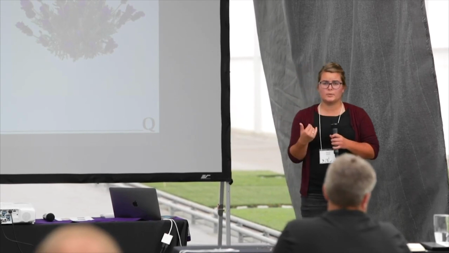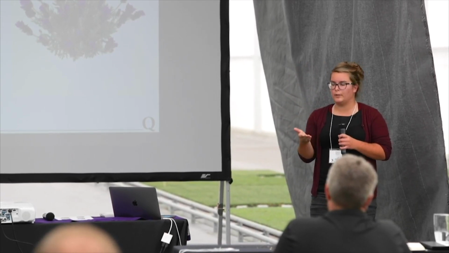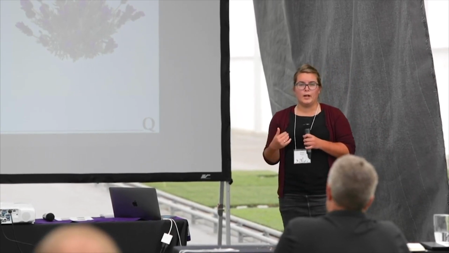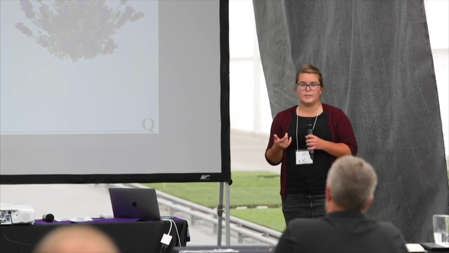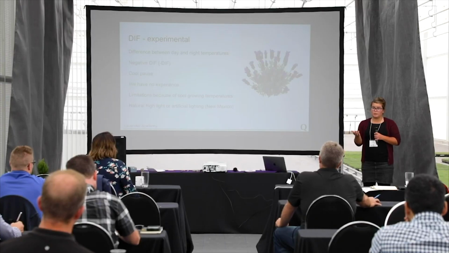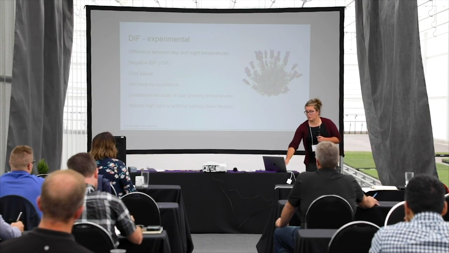We don't have any experience with this. We're not sure how we can implement it because we're already growing our lavender very cool. But perhaps in areas such as New Mexico with very high natural light levels, or if you have facilities with artificial lighting, you could really make use of this. And if any of you are growers who have experienced using Diff to control plant growth, please share your experiences with us during the expert panel session.